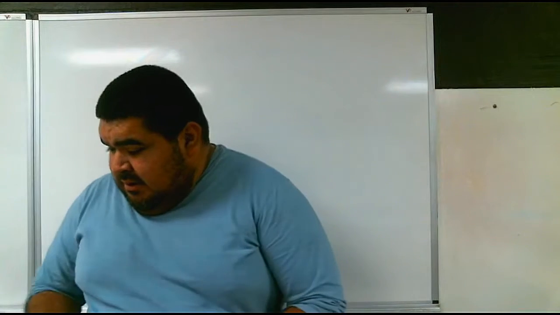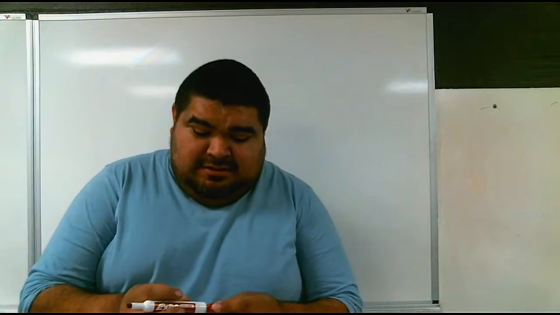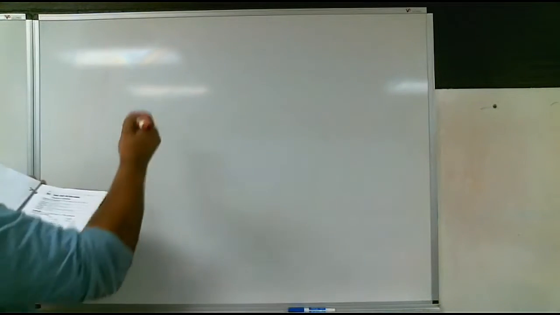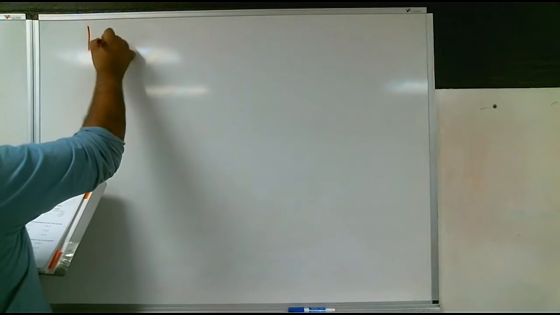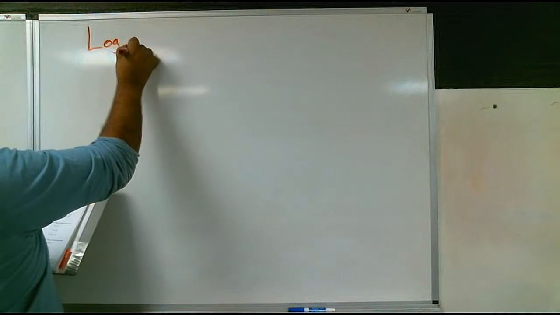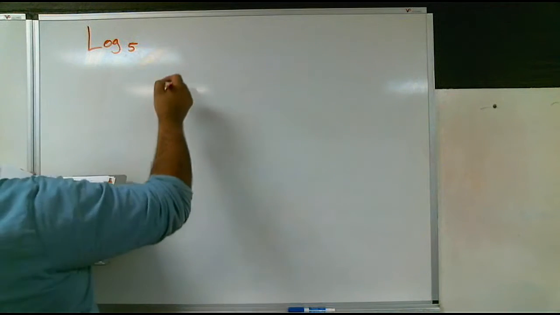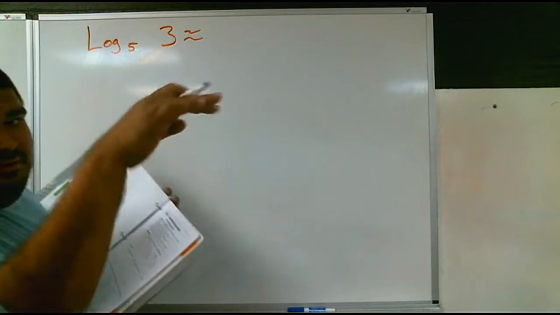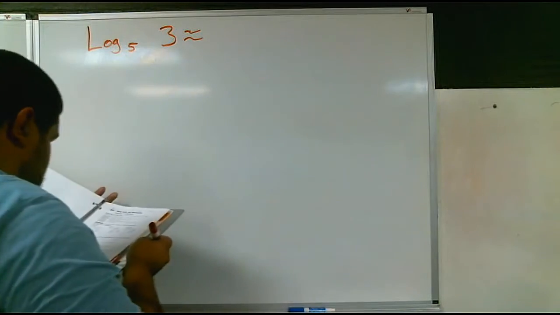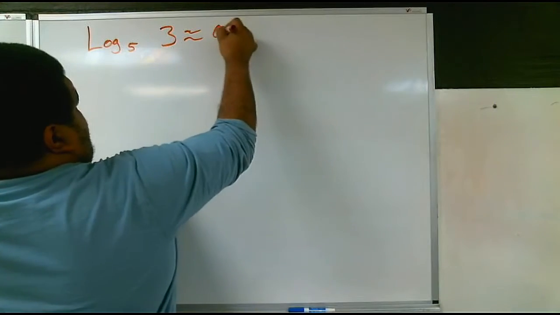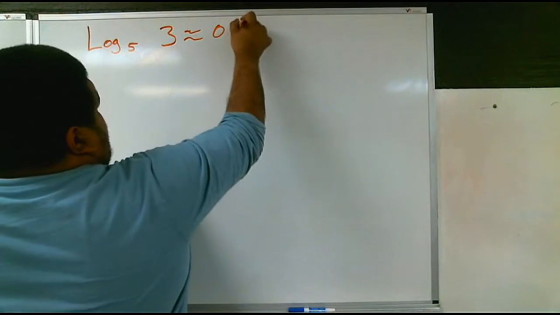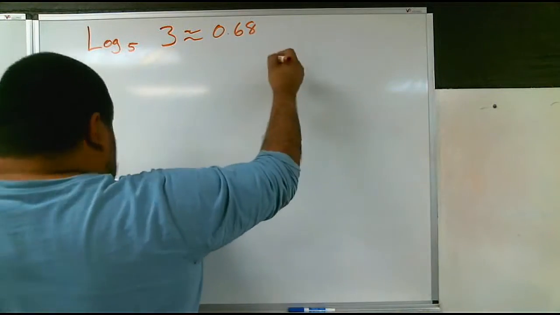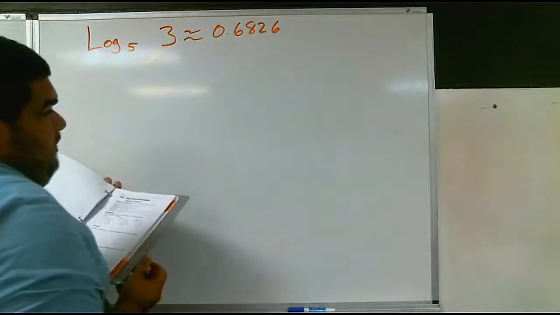For the examples of today, it is said that log base 5 of 3 is approximately, remember those little wavy lines on the equal sign, 0.6826.